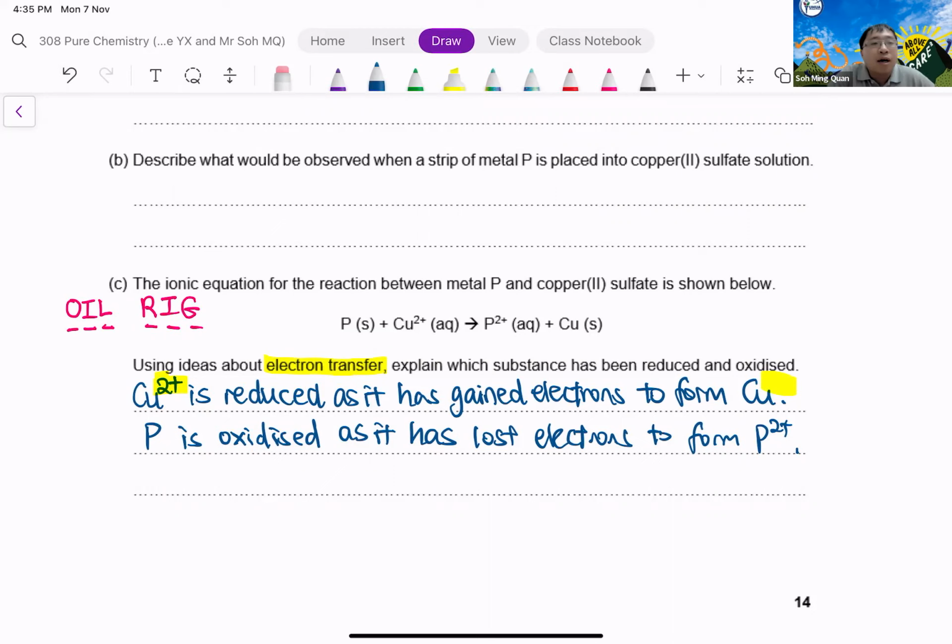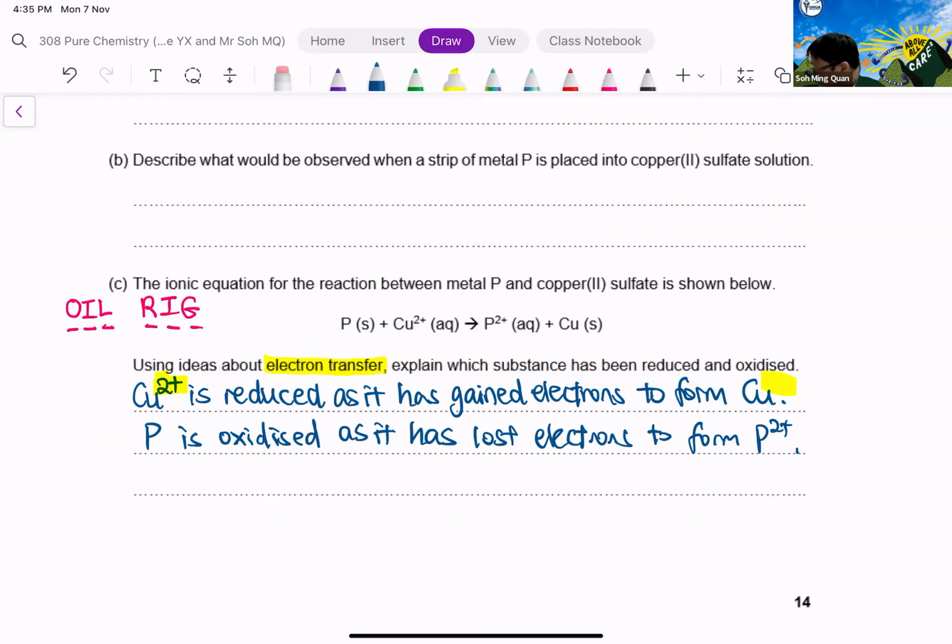Okay. Now, my next question is, in this case, what is the reducing agent? Which one is the reducing agent? Is it Cu2+ or is it P?